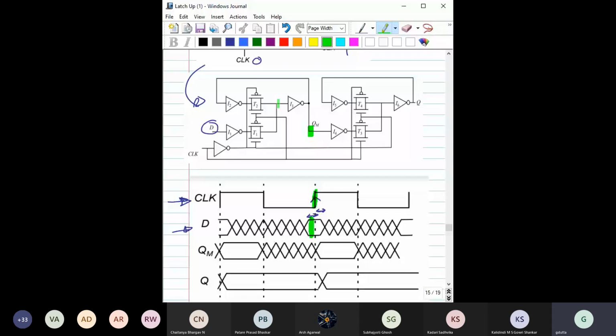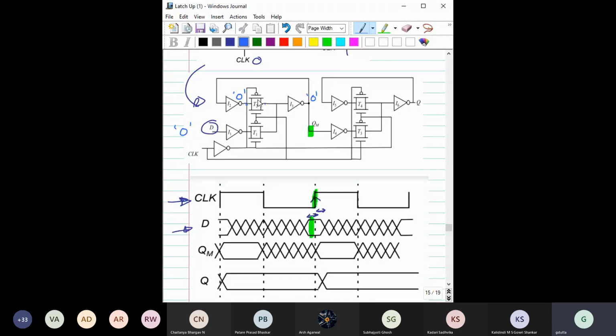It also has to be latched, so it also has to pass one more inverter. Not getting it? See, when this clock becomes 1, immediately whatever has been stored here matters. Suppose this D is equal to 0, then that 0 has to be transferred to here, and the same 0 has to be also here. Both sides of this transmission gate have to be 0, 0, then only it will act as a latch, right?